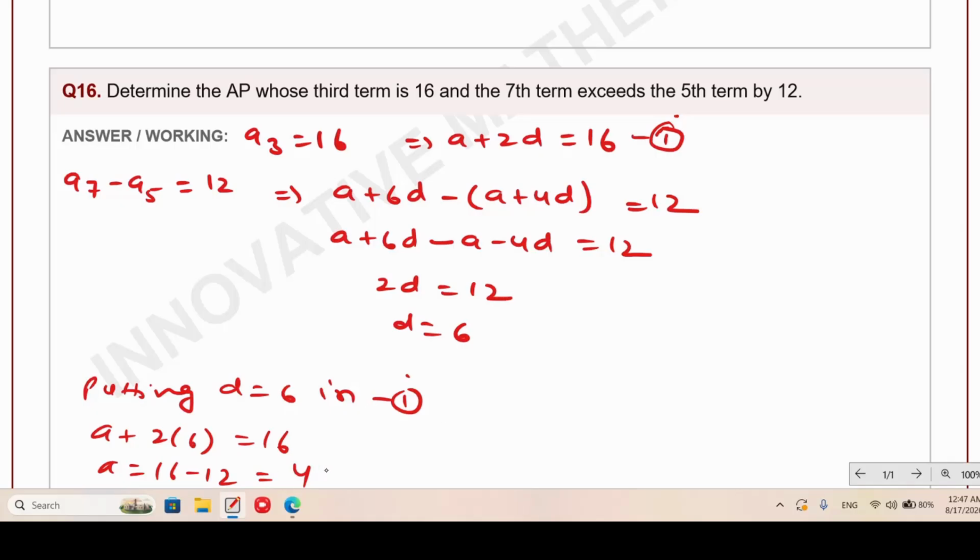So A is here, D is here, the AP will be A, A plus D, A plus 2D. So A is 4, 4 plus 6 is 10, and 4 plus 6 into 2, that is 16.